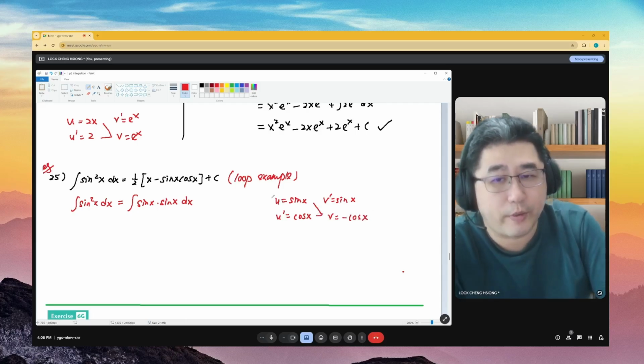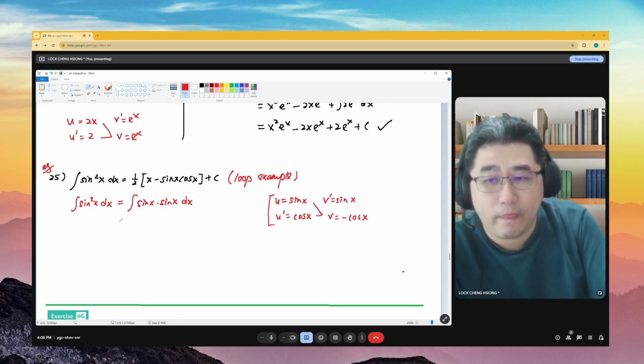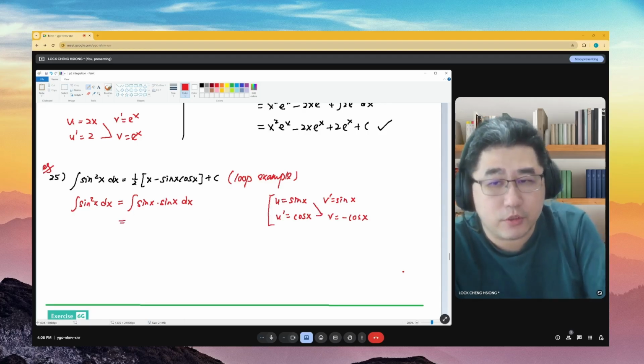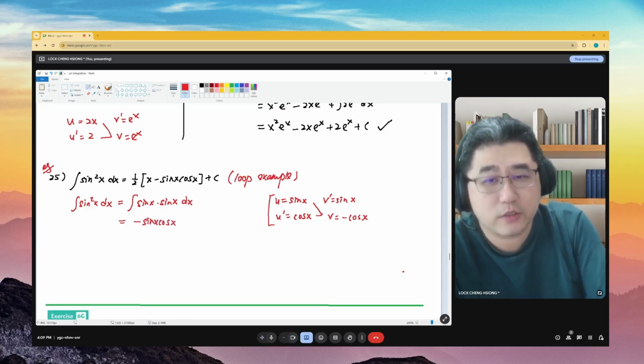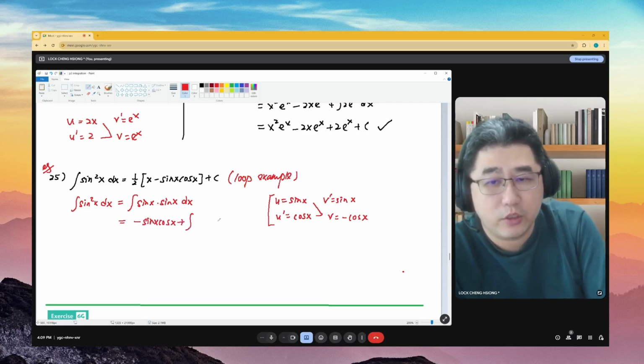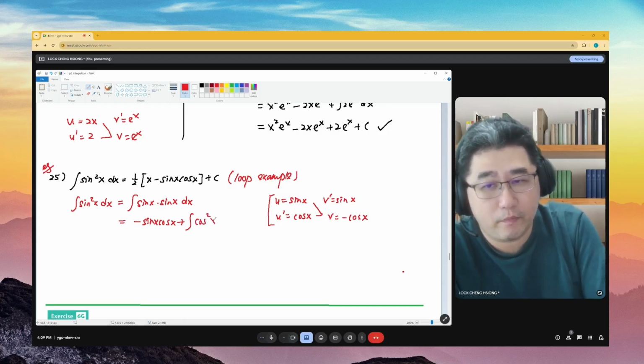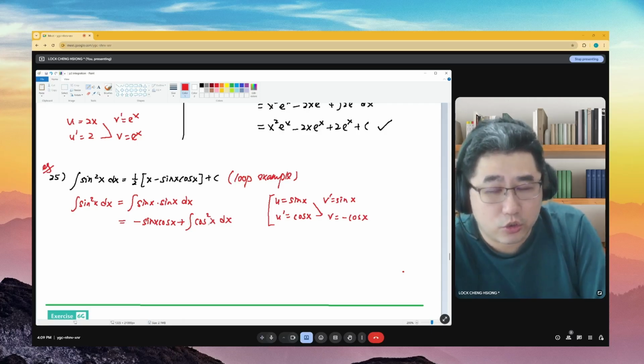So these two will be paired together. Then these two pair together, I have negative sine x cos x, then plus the integral of cos x becoming square. The negative I already joined with the one in front. You will see that this is a cos square.